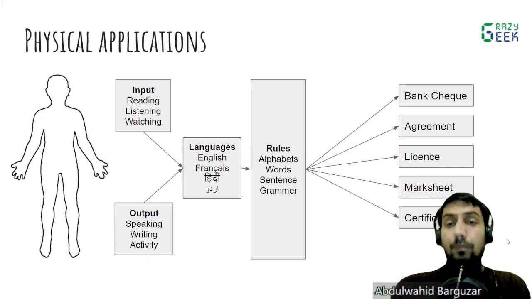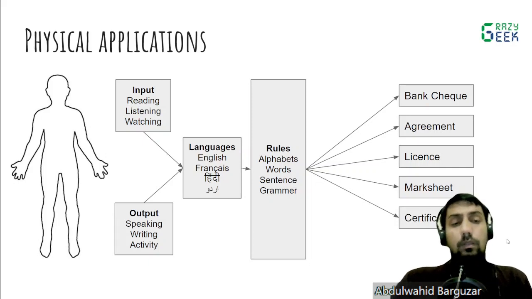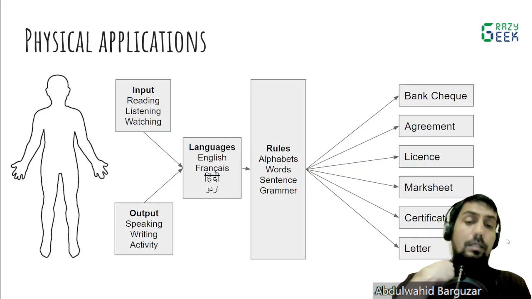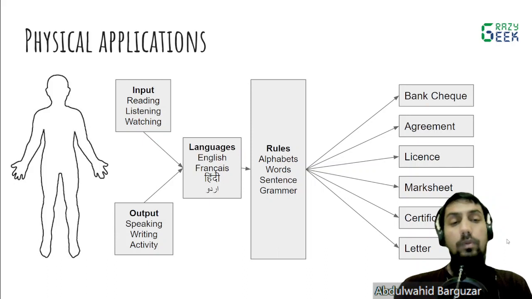So now we will call these applications physical applications, which we create by following the language. Any language we follow, we have to follow its grammar. With the help of grammar, we form sentences and the words and alphabets and everything.